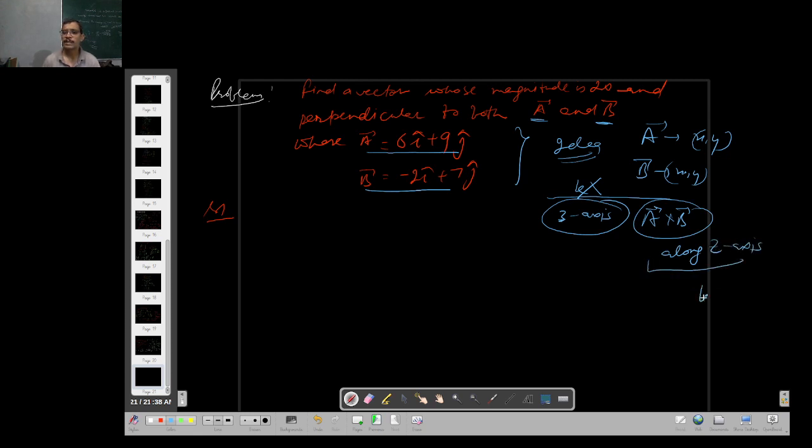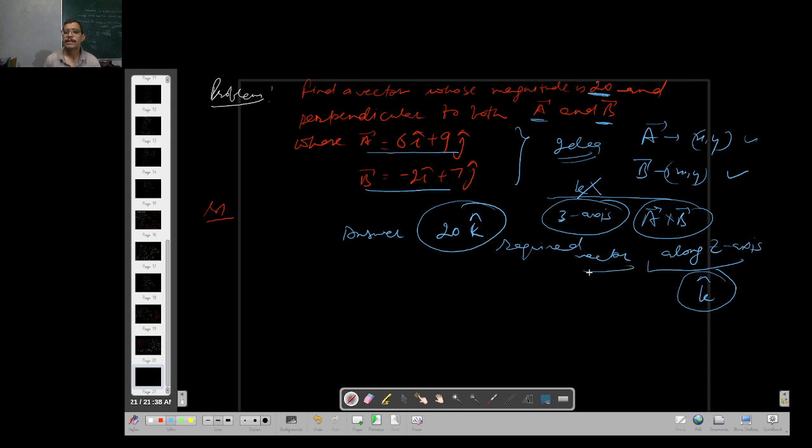Therefore the direction of the unit vector perpendicular to both A and B is k, and as it is asked to find the vector whose magnitude is 20, the answer is magnitude multiplied by the direction, so it is the required vector, right? So let us try to find this answer mathematically, how this answer comes out to be.